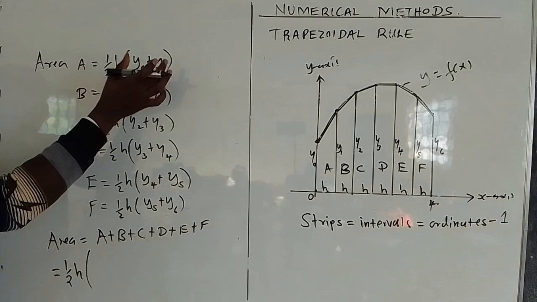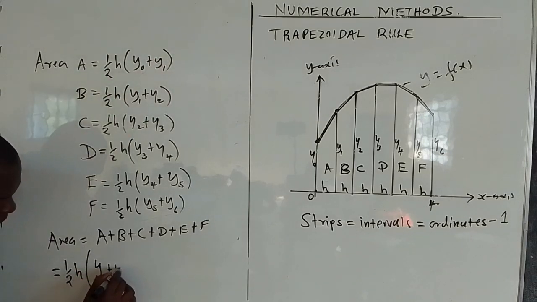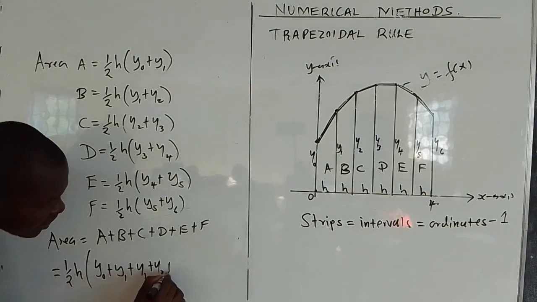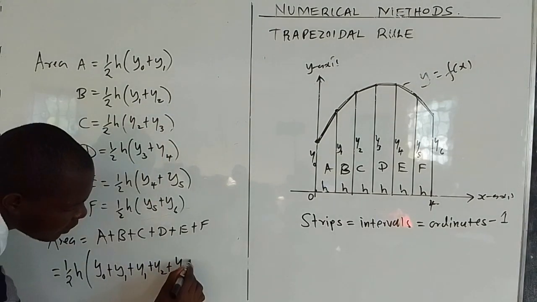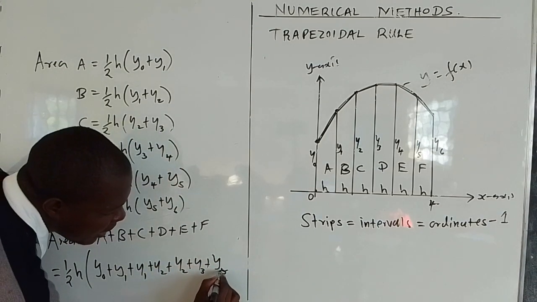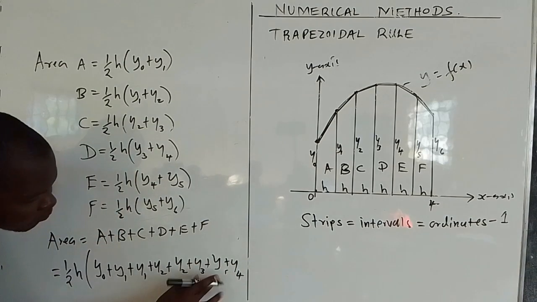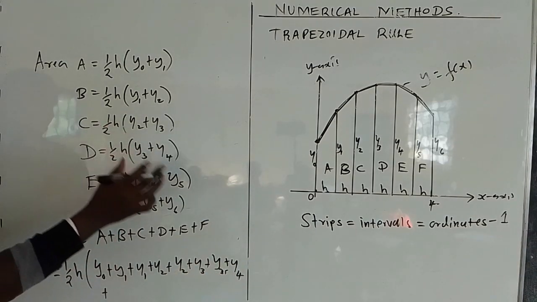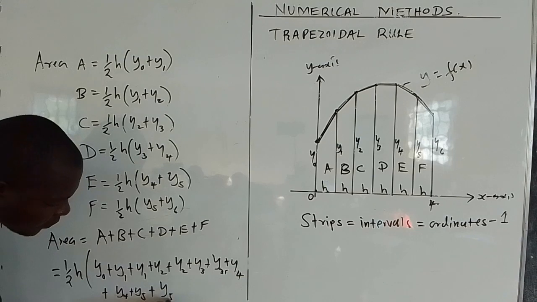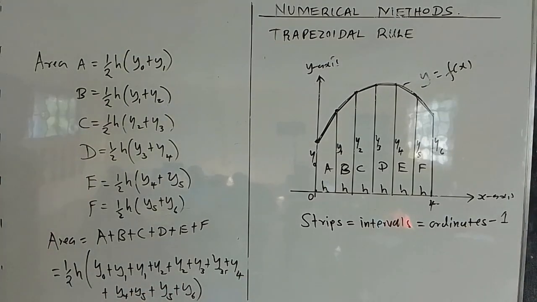Then inside you are going to remain with y0 plus y1, then plus y1 plus y2, then y2 plus y3, then y3 plus y4, then plus y4 plus y5, then plus y5 plus y6. So if you look at this, the area by trapezoidal rule, what do you note there?